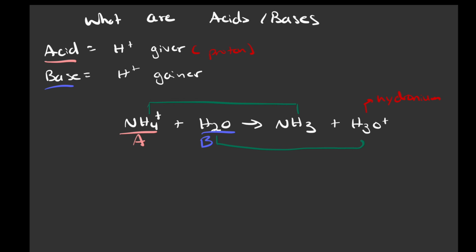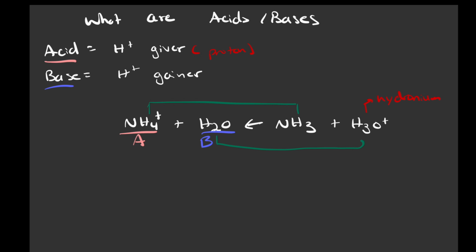Now, the question you might be asking is, hold on, we need to talk about conjugate bases and conjugate acids. What are those? I like to think about it as if we go in the reverse direction, if we flip our arrow and go this direction, which one is now our acid and our base?